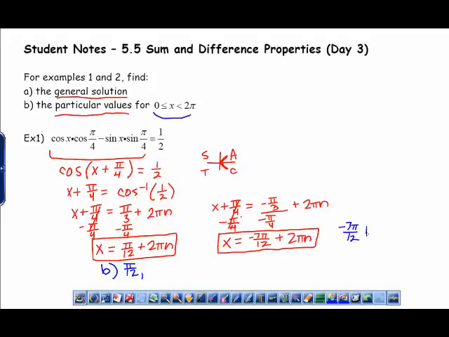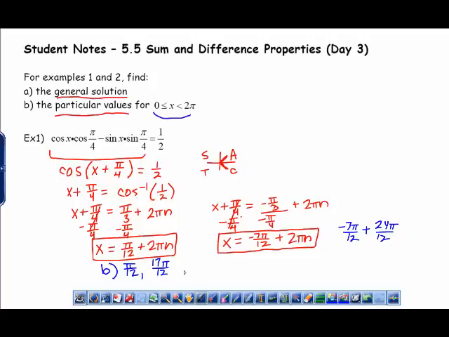I'm not adding pi here, but I'm adding 2 pi. So what would be negative 7 plus 24? It would be 17, okay? So that's going to give us 17 pi over 12.